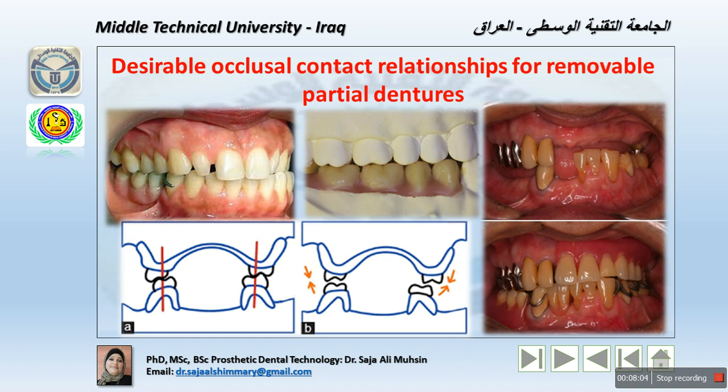This will give stability for the denture. Then the occlusion for a tooth-supported removable partial denture may be arranged similar to the occlusion seen in a harmonized natural dentition, because the stability of such removable partial dentures results from the effect of direct retainers at both ends of the denture base.